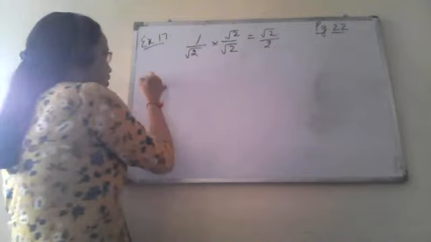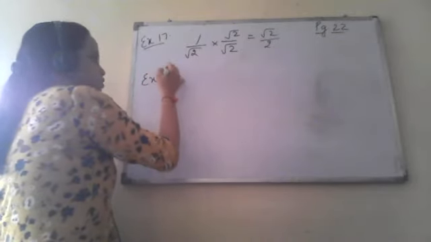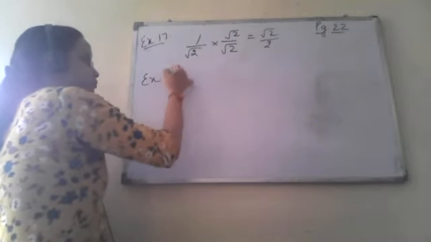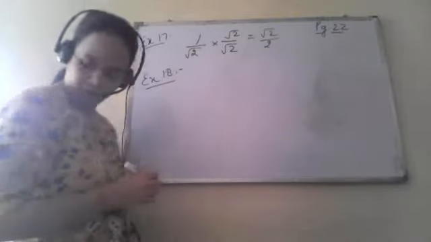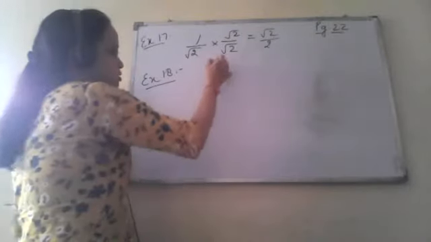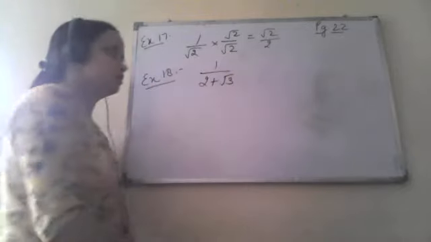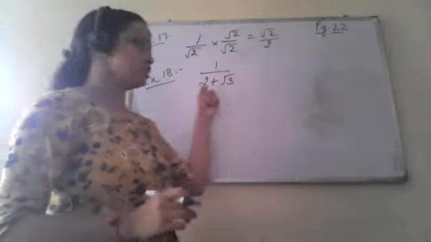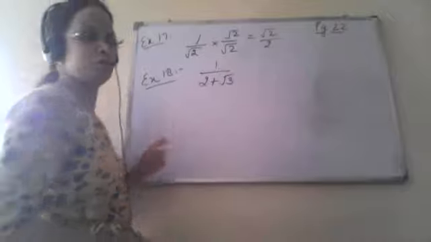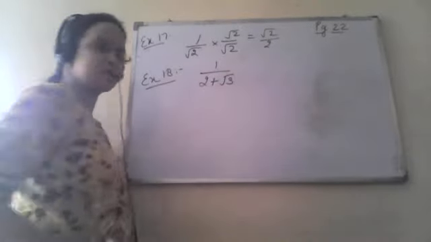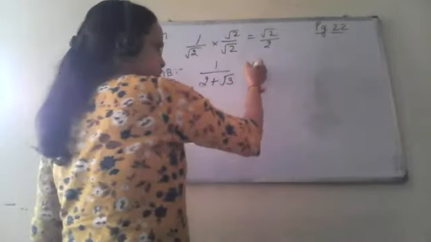Now example 18, this is also simple. Now it is 1 upon (2 plus root 3). So we have to rationalize this denominator. So what do we have to do? We have to multiply by its rationalizing factor. So what is the rationalizing factor?